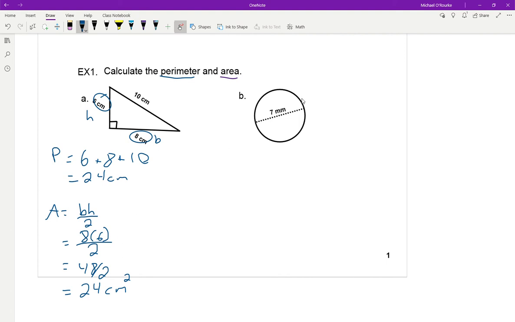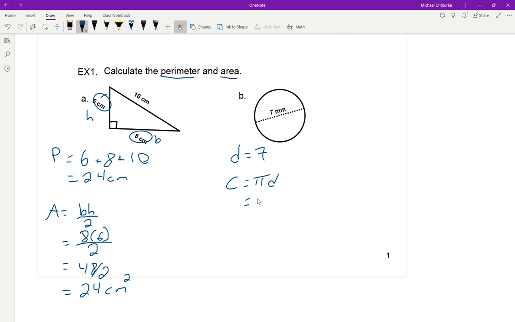Now this one here, I should have done that one in purple. This one here, we have to find the circumference. Take a look here, we're given a diameter equals 7. So I'm going to use my circumference equals pi d formula.